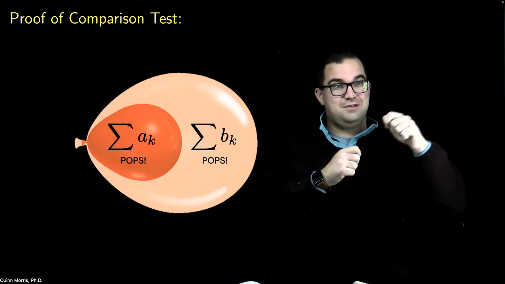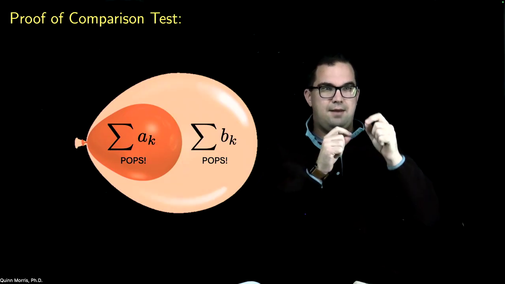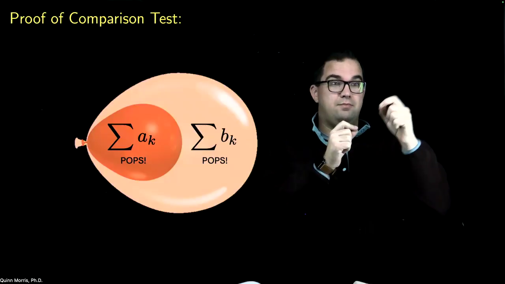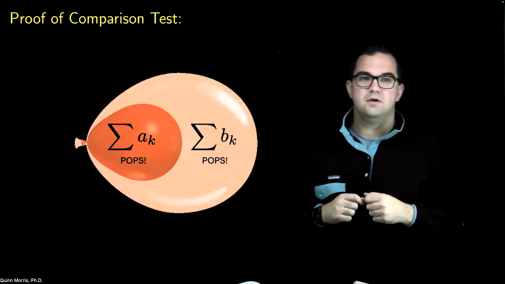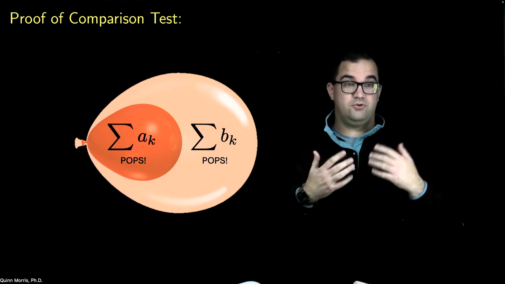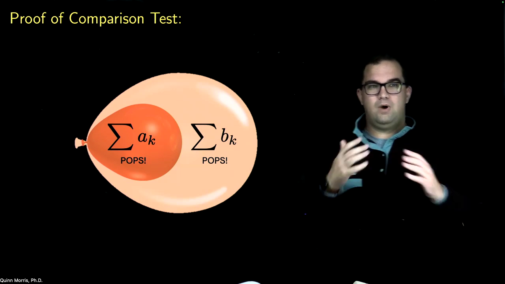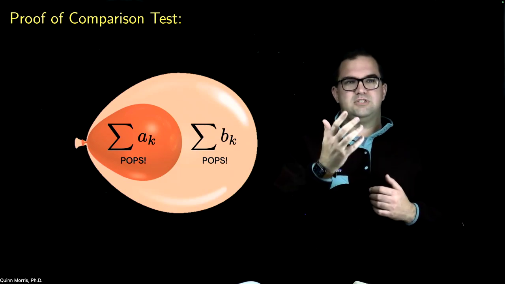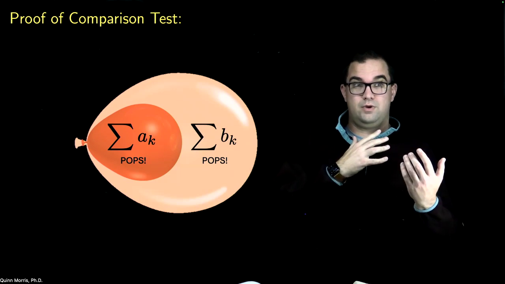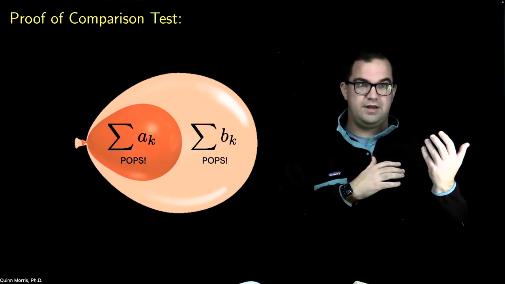Now, this is a helpful way to think about how we're going to prove this. We're really thinking about what happens each time as we increment, and we're incrementing slightly more for one than the other. But this is also helpful if you're ever teaching this, as an analogy to help students remember what actually happens: if the larger series converges, the smaller one converges. If the smaller one diverges, then the larger one diverges.